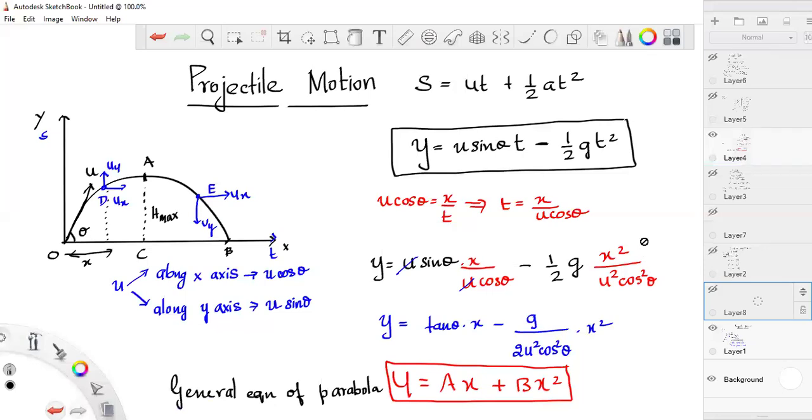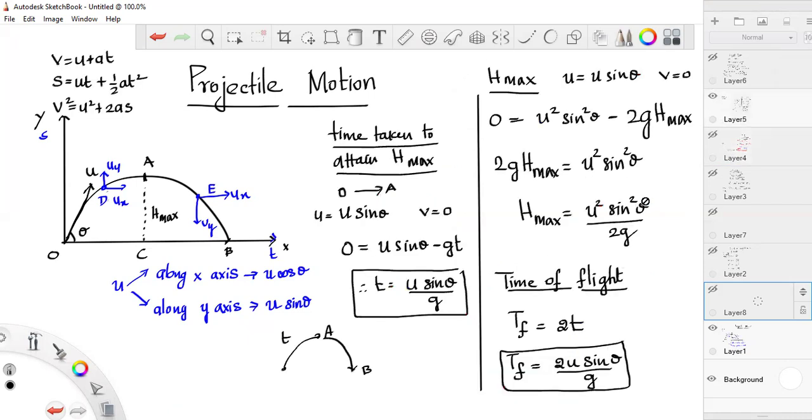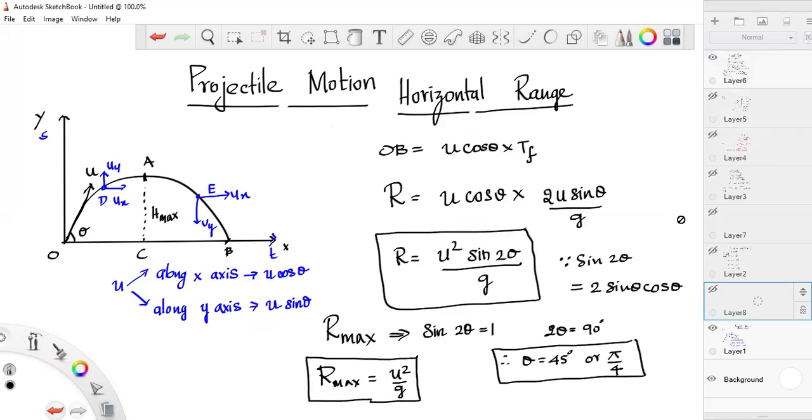Then we found that the path of the projectile is a parabola. Then we derived the four important results: one for the time taken to attain maximum height, the other for the maximum height attained, then the time of flight, and finally the range of the projectile. So this is about oblique projection.